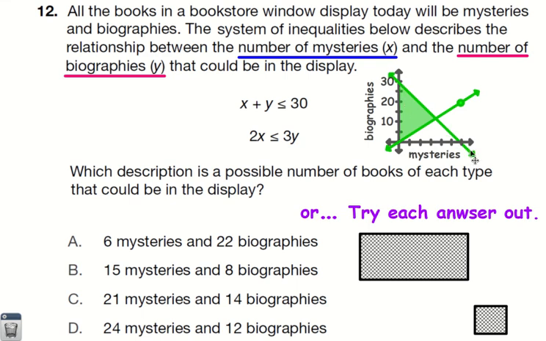And so the shading would be below. And if I solved this one for y, it would be y is greater than or equal to 2/3, like you divide both sides by 3. And you'd have 2/3 x is less than or equal to y, but if you read that backwards, it'd be y is greater than or equal to 2/3 x. So that's this guy, right?